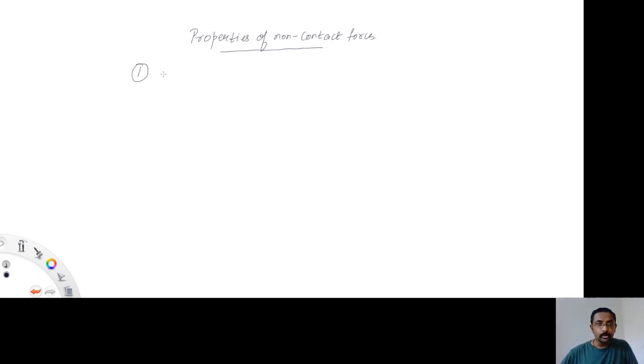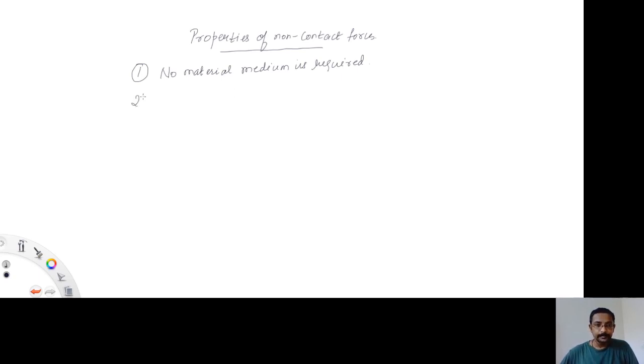So no material medium is required. Electrical forces, magnetic forces, they can work in vacuum. Gravitational force can work in vacuum. So you don't really require a material medium.